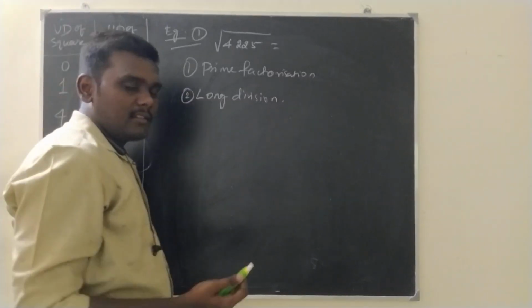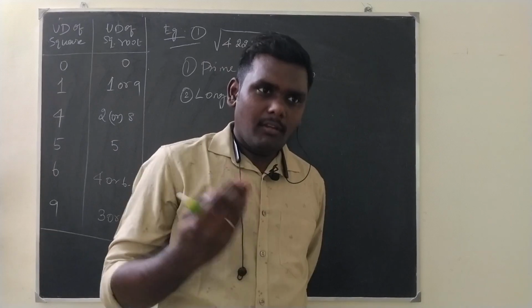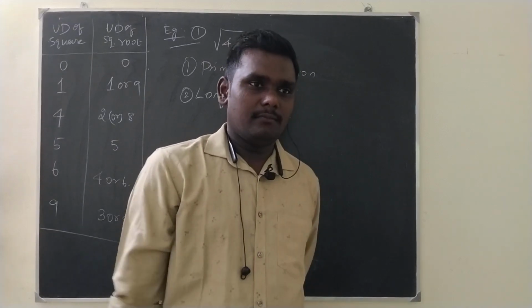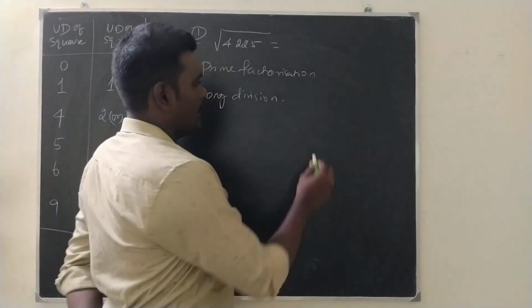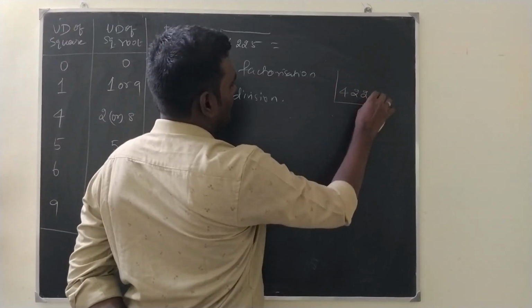When I say prime factorization, do you know what it is? We have seen the same in the previous session. The number is divided using the least prime number that can divide it.